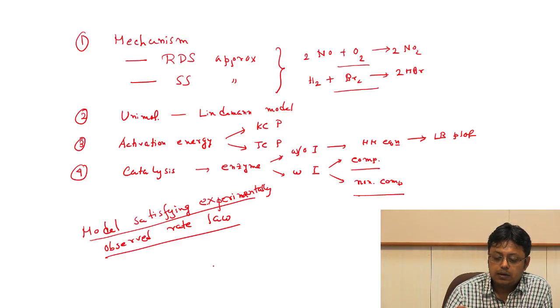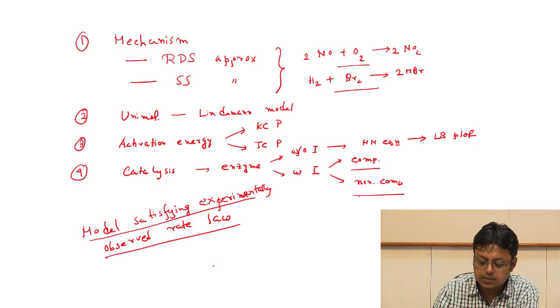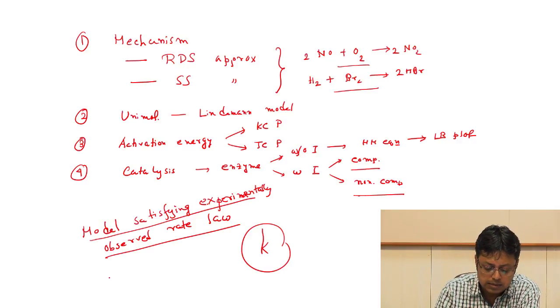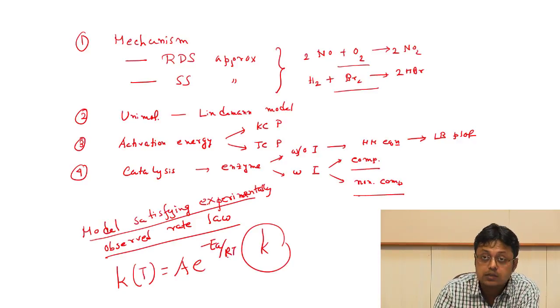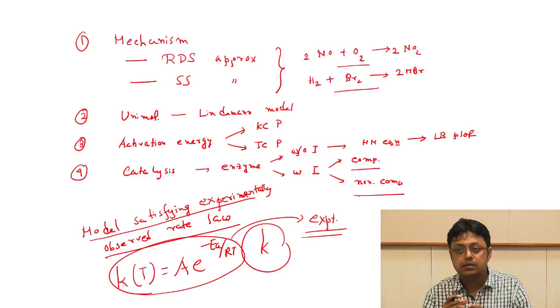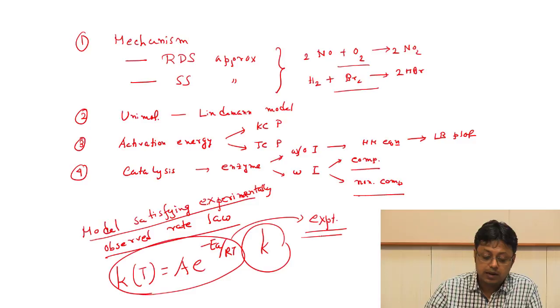And then in the next lecture we'll be discussing how one can calculate k from the very fundamental principle. So far we have used k as it is. The only thing we know about k is that k has a temperature dependence, and the expression of k is something like A times e to the power minus Ea by RT. Now that expression, the Arrhenius law, is an experimentally determined, empirical relation, because Arrhenius measured rate constants at different temperatures, and he arrived at this equation.